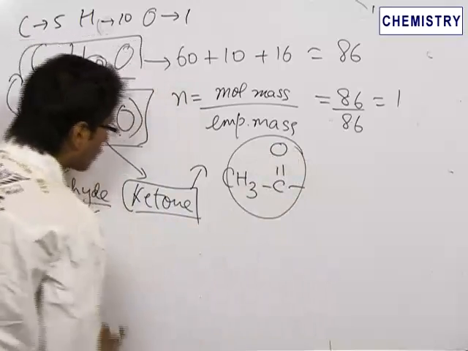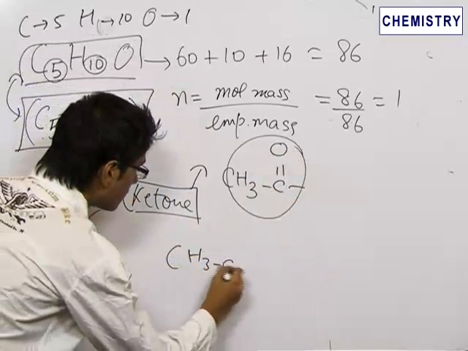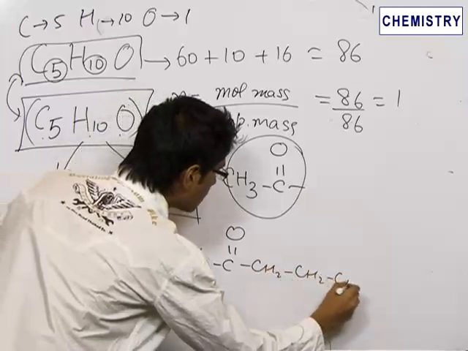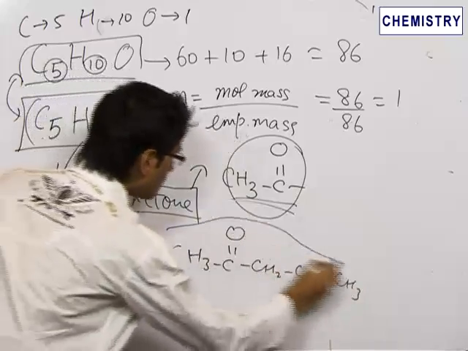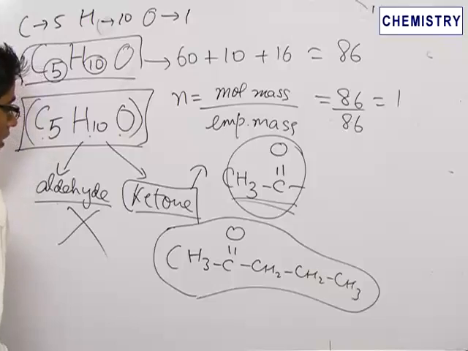So now we try to find out the general structure of C5H10O. It can be CH3, C double bond O, CH2, CH2, CH3. Here we have got 2 carbons, so attaching 3 more carbons to this. The simplest carbon chain is CH2, CH2, CH3 to obtain this ketone.